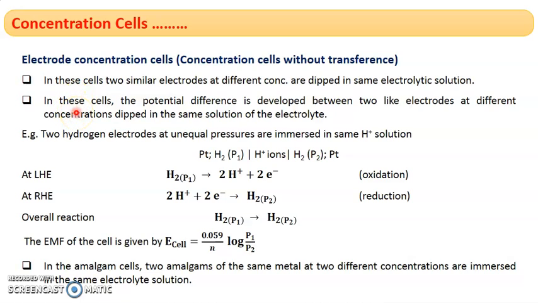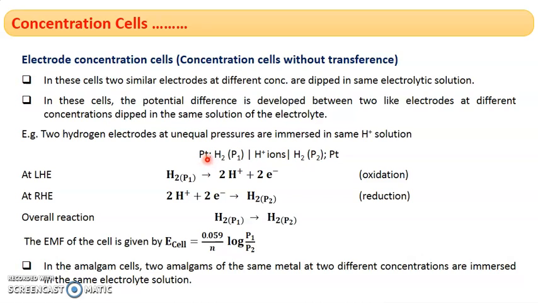We'll take for example hydrogen electrodes at different pressures, dipped in acid solutions, I mean solutions containing H plus ions. So similar hydrogen electrodes dipped in identical acid solutions. This is the example, and it is represented like this. As hydrogen is a gas electrode, we are taking the help of a platinum electrode.